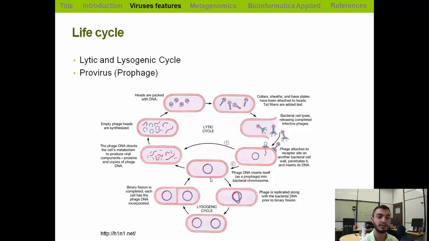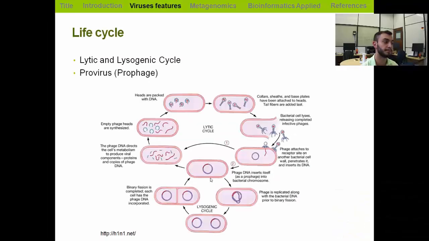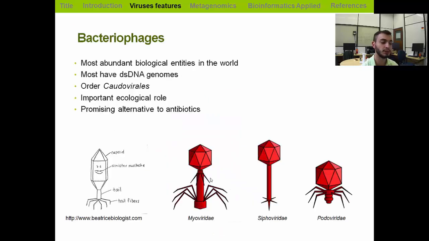And that is very interesting to us, to search for and find these viruses, even the ones that are integrated in genomes, even the ones that are proviruses. That's very interesting.